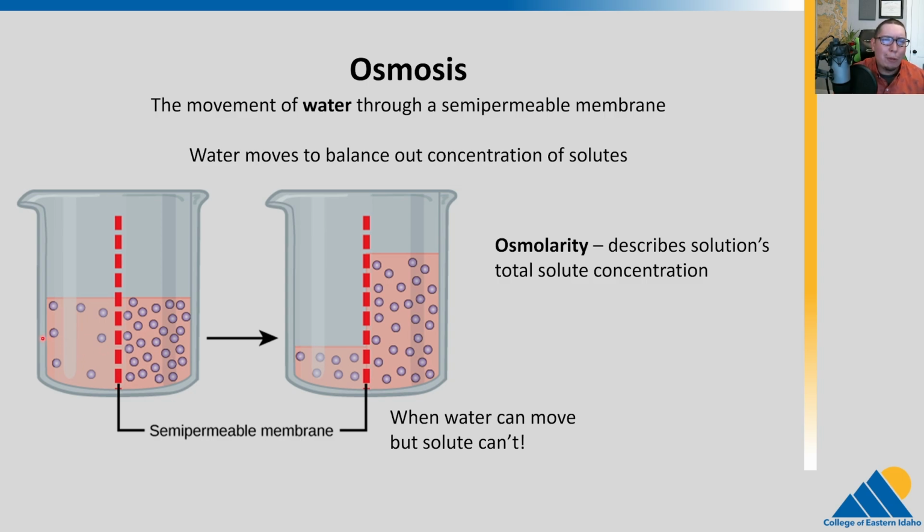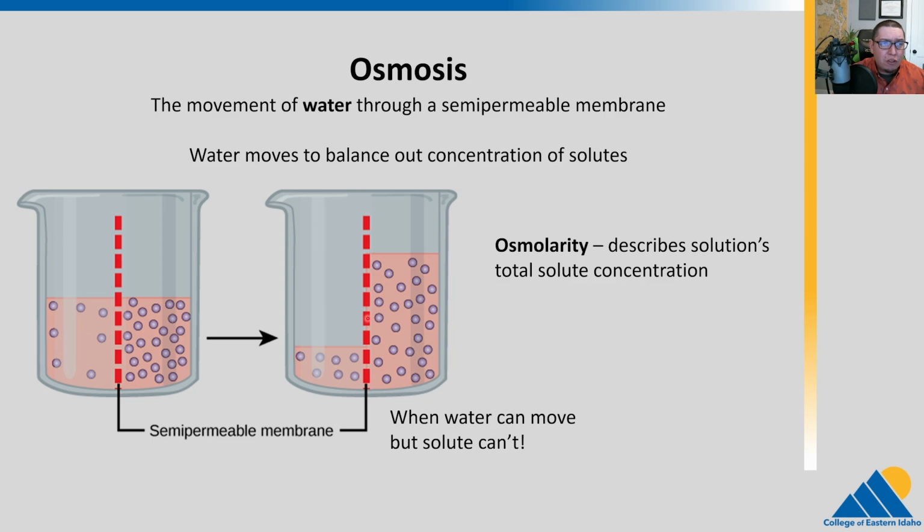Osmosis is going to do both things at the same time. The water is going to move from this side across to the other side. That will increase the concentration here and decrease it here until they are equal. Osmosis will only happen when water can move, but the solute cannot move across the membrane.